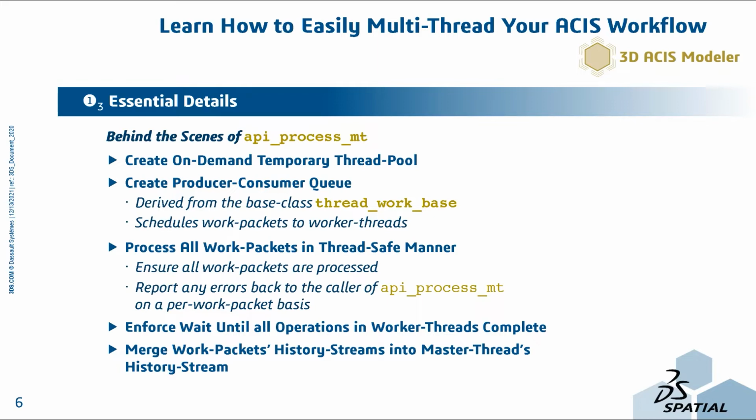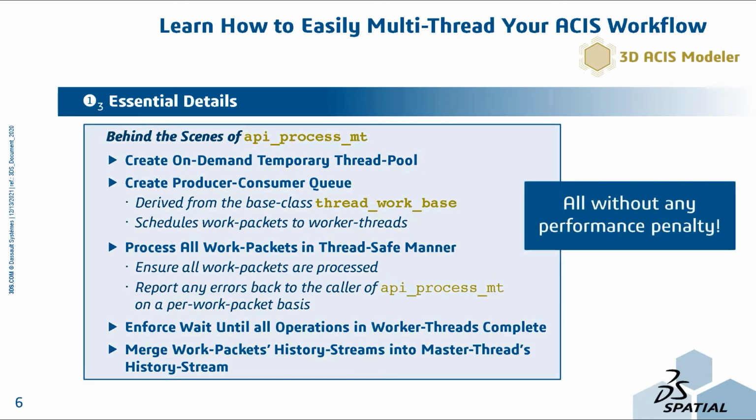Fourth, API process MT ensures that the main thread waits until all operations in worker threads are complete before continuing any downstream operations. Fifth and last, API process MT merges all work packets' history streams into the master thread's history stream.